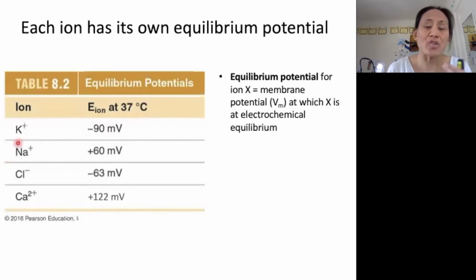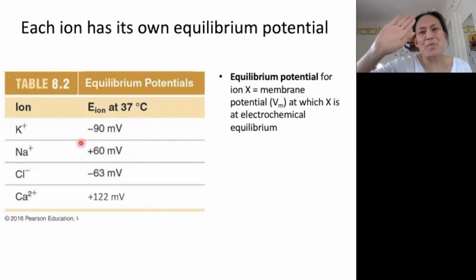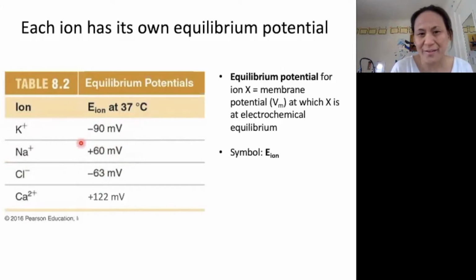Sodium is at electrochemical equilibrium when the membrane potential is at +60 millivolts, and so on down the line. If you didn't understand that, don't worry. We're going to continue to explore this concept in the next several slides. So hopefully at the end of those slides, you'll get a better sense for what I'm saying here.